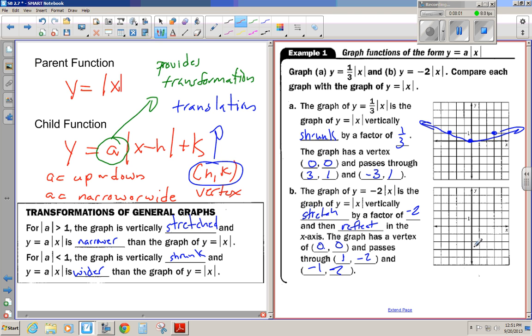So plot 0, 0, 1, negative 2, negative 1, negative 2. You can say that this one is narrower than the original.